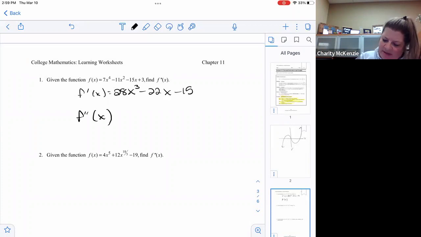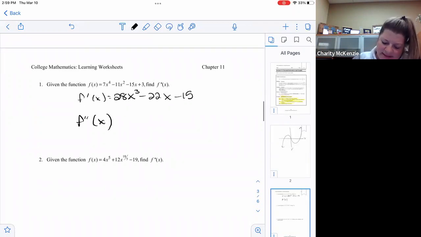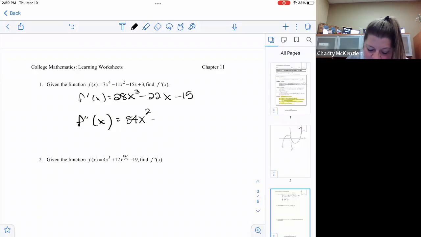You'll see it with the dy dx with the squares on them means second derivative as well. So if we look at this one, what is 3 times 28? 84. So 3 times 28 is 84x squared minus 22. Now the x and the 15 drop off. So if it's a polynomial like this, it actually gets easier, right?